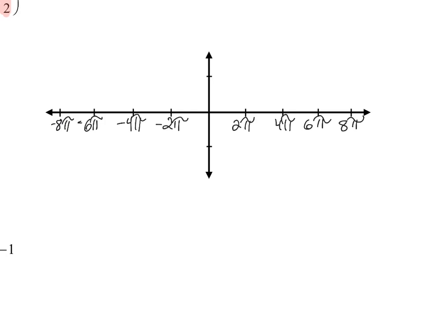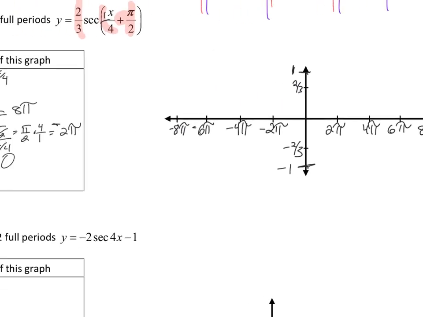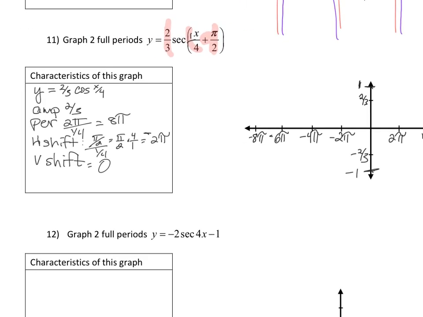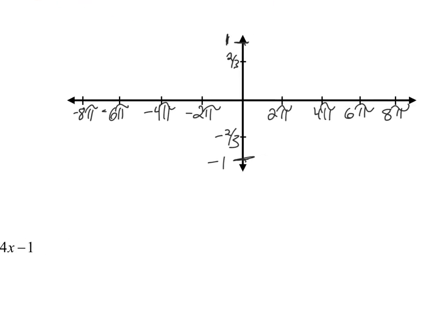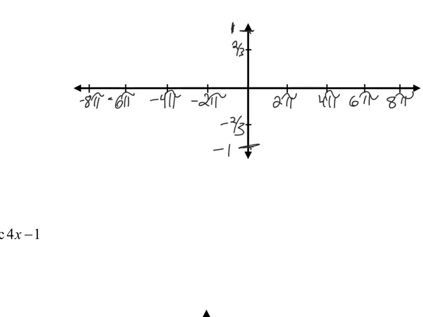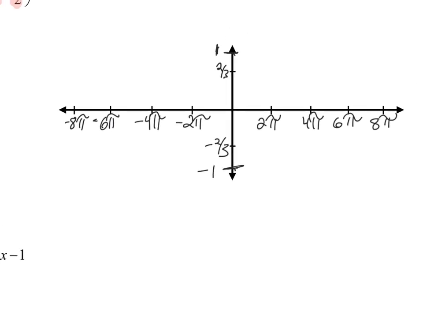My amplitude is 2/3, so if I set this as 1, then this becomes 2/3. Okay, and I have a horizontal shift of 2 pi, which is going to be just 1 tick mark, so that'll be easy.